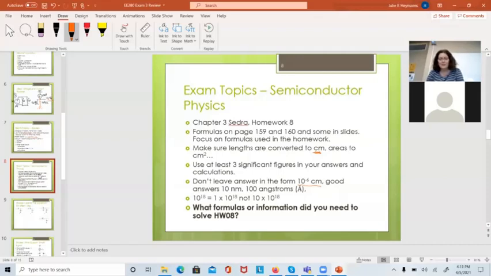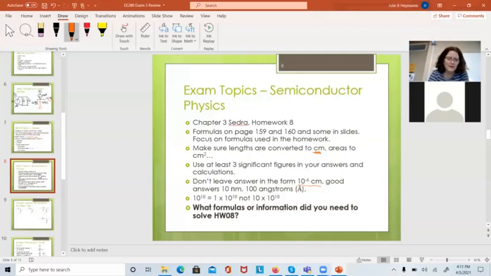100 angstroms would just overjoy me. An angstrom is just 1/10 of a nanometer. And remember in your calculations, 10 to the 18th, when you punch it into your calculator, you punch it in as 1 times 10 to the 18th, not 10 times 10 to the 18th. That's the cause for a lot of calculation problems that I saw.